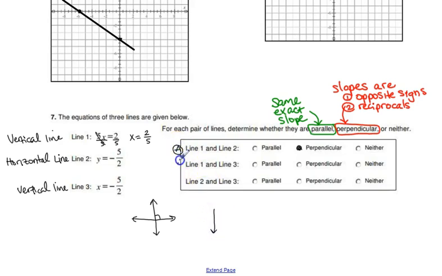This is A, B. So I'm going to label this A and B, just to make sure you match these up correctly. Alright, so line 1 is vertical. Line 3 is also vertical. So those are parallel. And then 2 and 3, again, is just like A, where you have a horizontal and vertical, so that's perpendicular.